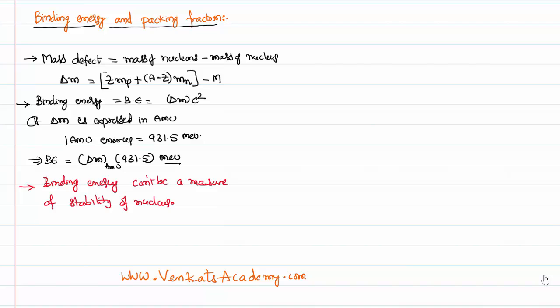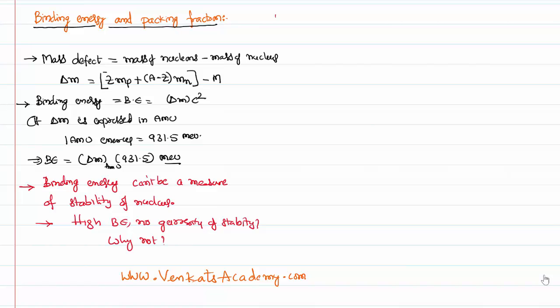We get the total binding energy, but having a higher binding energy doesn't give a guarantee that the nucleus is more stable. Why not? High binding energy, no guarantee of stability of the nucleus. Why not? That's a question.